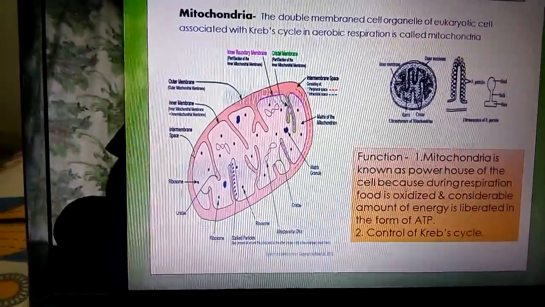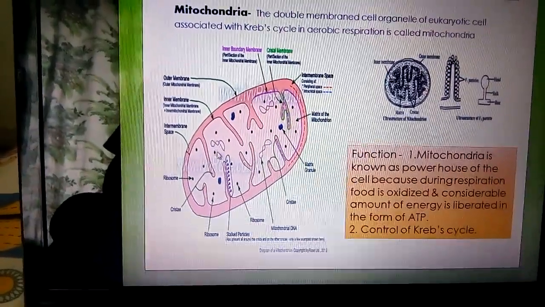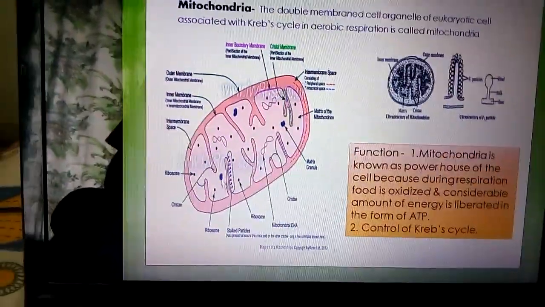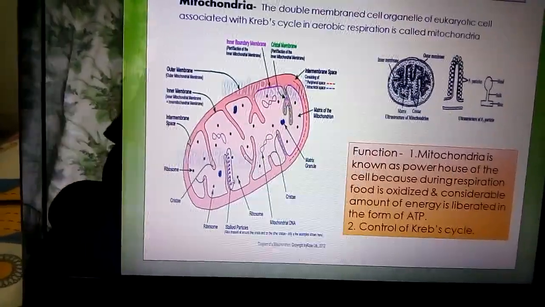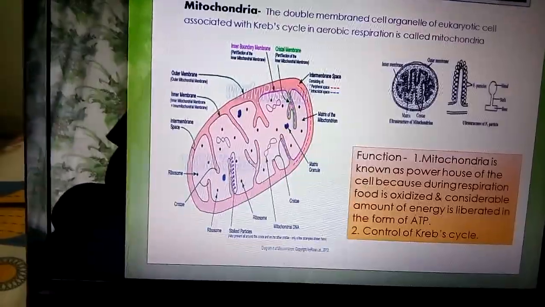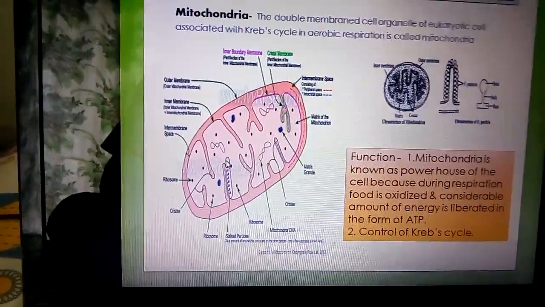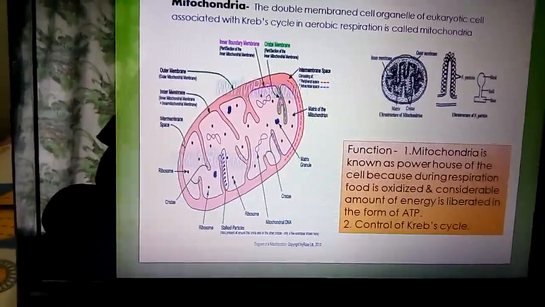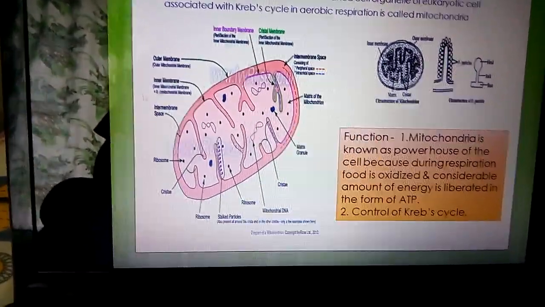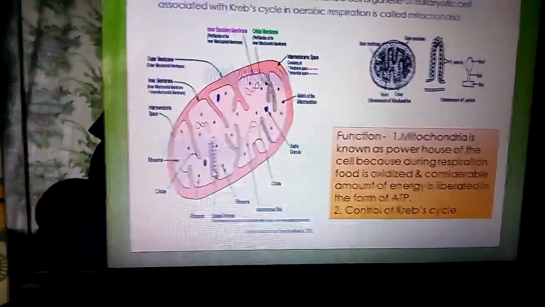The outer membrane of the mitochondria is smooth, but the inner membrane contains many stacked round bodies, which are called F1 particles, or subunits of Fernandez and Moran, or oxysomes.